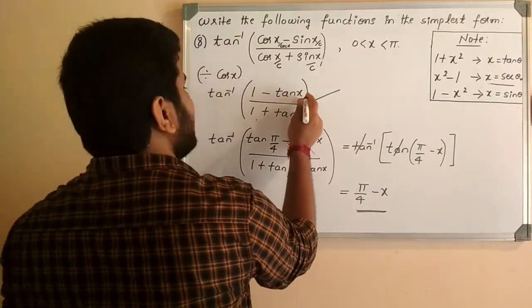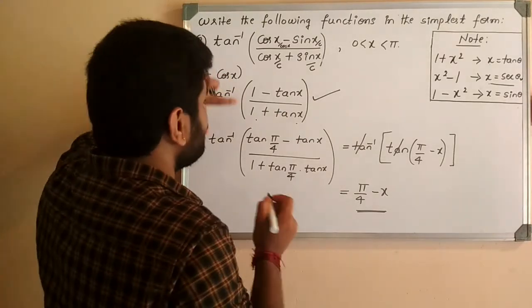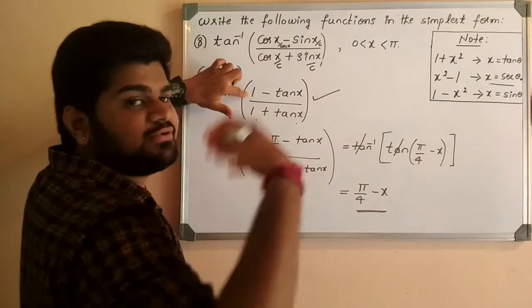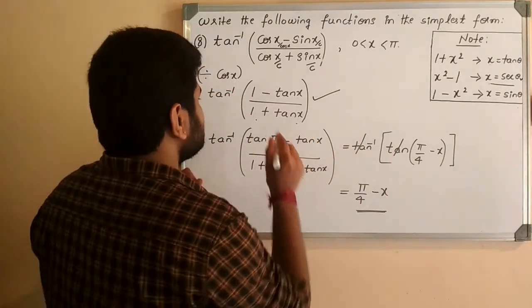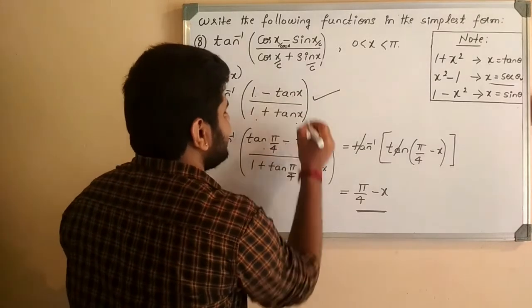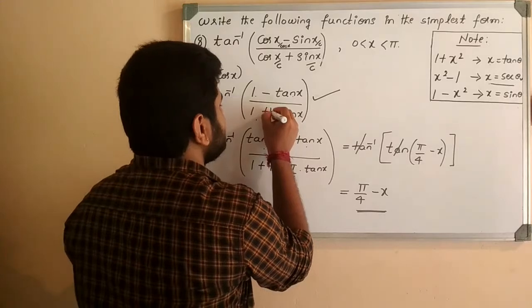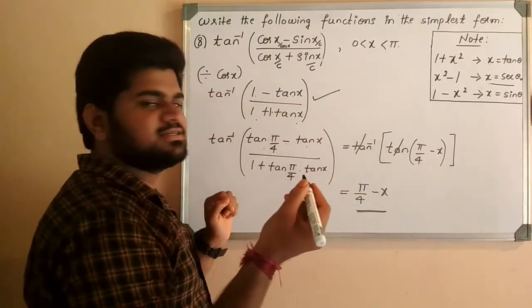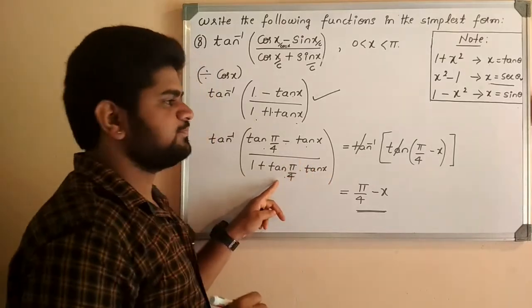So 1 minus tan x divided by 1 plus tan x. So now write this 1 in terms of tan pi by 4. Tan pi by 4 value is anyhow 1. So write this 1 in terms of tan pi by 4 minus tan x divided by 1 plus, here nothing is there, so I will write 1 into tan x. So 1 means it is tan pi by 4 into tan x.